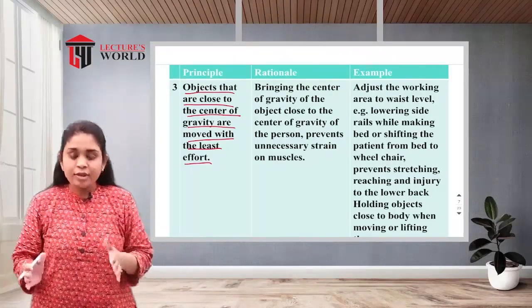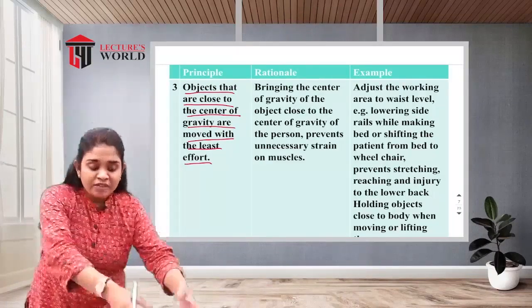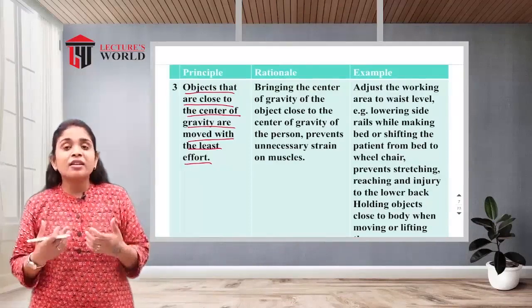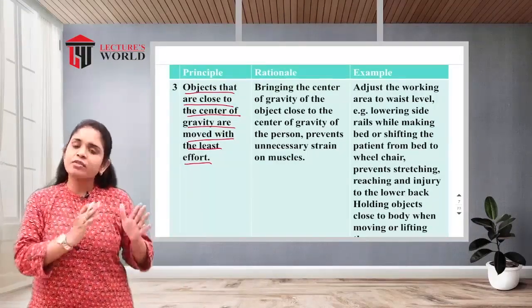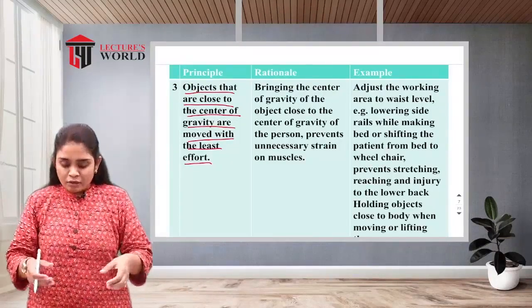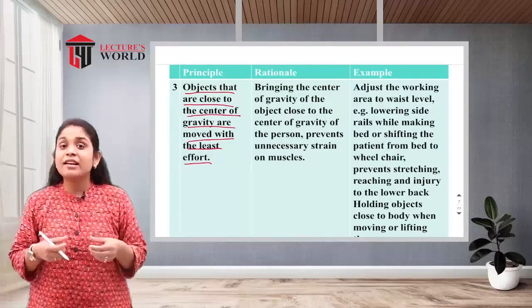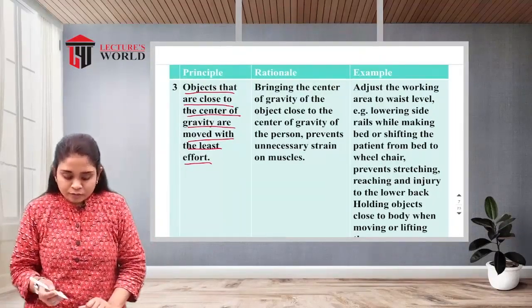If something is at the edge of the bed or edge of the table, more strength will be used for taking it from the edge. But if you bring that object to the center of the bed or table, it needs very little strength. Okay, so that is what it talks about.